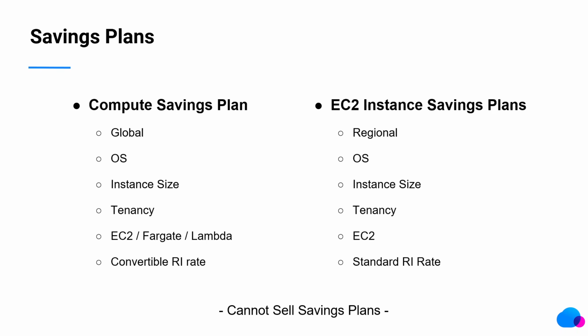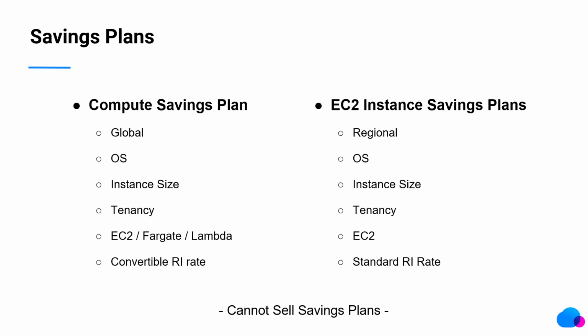Now, I will say with the EC2 instance savings plans, they do have a use case. I think a lot of times for companies who have maybe big Windows shops where they didn't have the size flexibility already, this can be definitely something very interesting to look at. Linux standard RIs already had the size flexibility, and generally we don't see a lot of companies switching between dedicated and shared tenancy with the services that they offer.